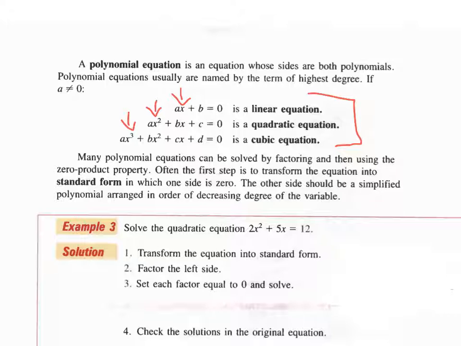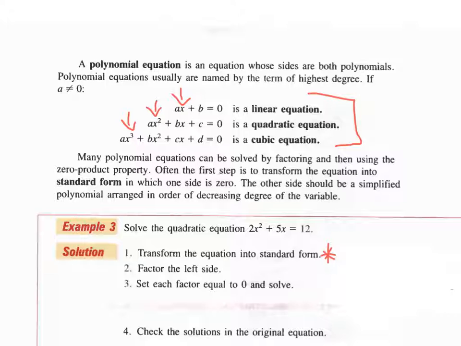Okay, so now here's example 3. This time it is not factored for us. So now we got to go back to what we learned at the beginning of chapter 5, and I need to factor this. However, before I can factor it, I need to put it in standard form.